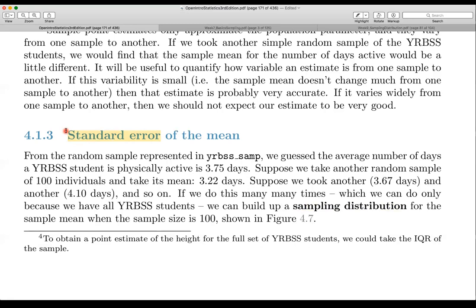So on average, how much does the point estimate differ? That's what the standard error is. It's sort of, on average, if we did 100 different samples or 1,000 different samples, on average, how often would our point estimate differ? That's what the standard error is.